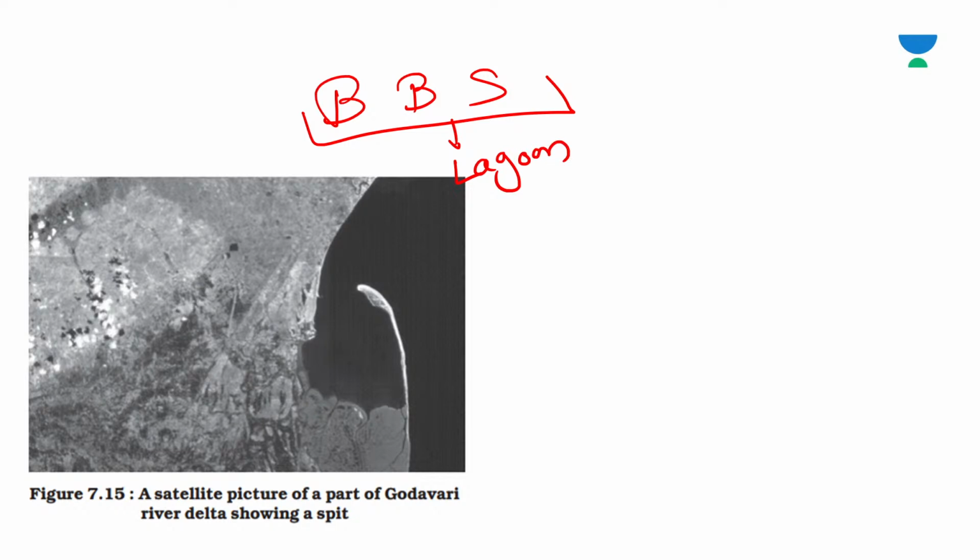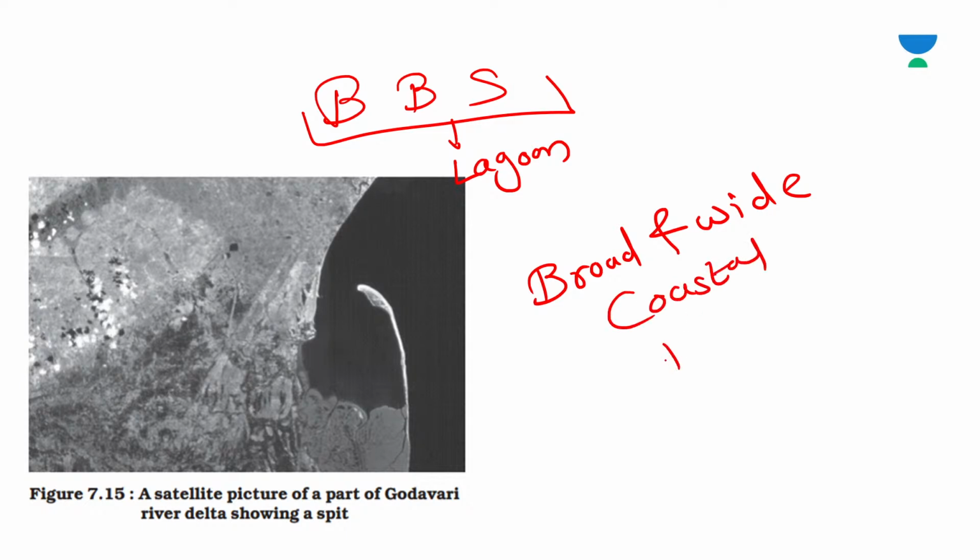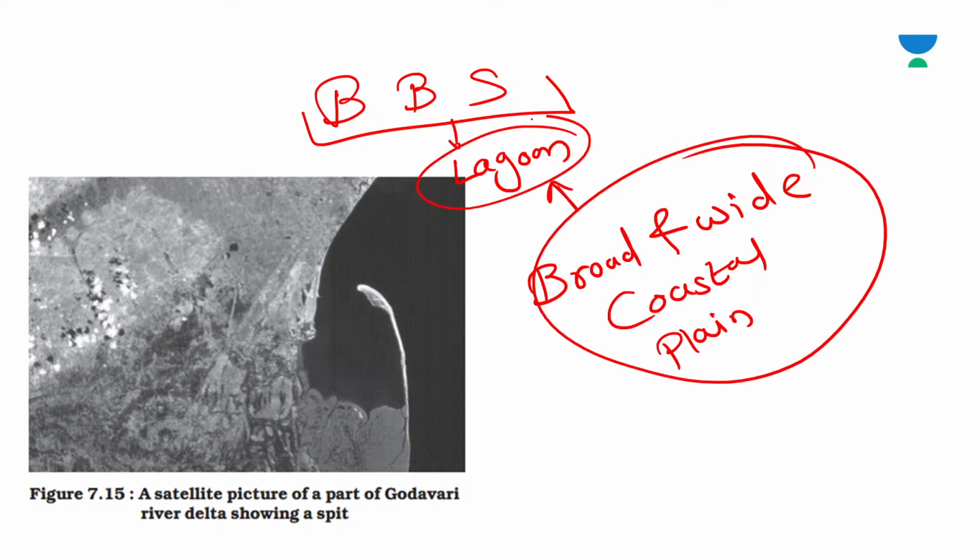Now, the lagoons get filled up gradually by sediments coming from the land or from the beach itself, with the help of wind, and broad and wide coastal plains may develop, replacing a lagoon.